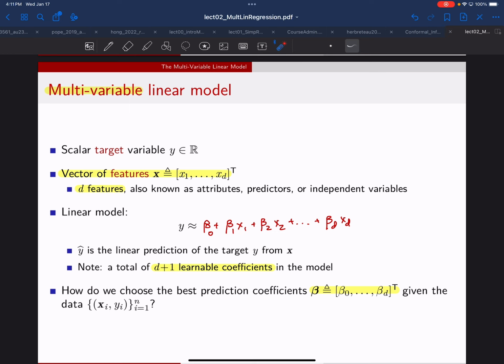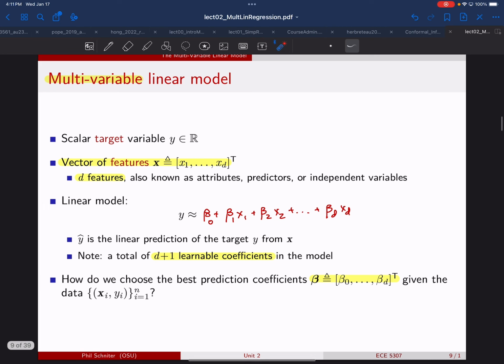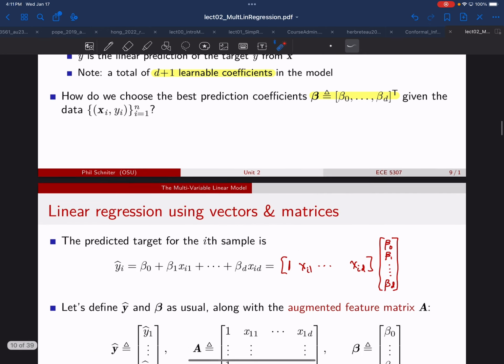So this is an extension of what we did in the previous unit where we had a single feature and intercept, and now we have multiple features and an intercept. Now when we do our design, we're trying to simultaneously design these D plus 1 coefficients in this vector beta. The other thing that's a little different is now we have a vector of features instead of the single one that we had in the last unit. So those are the differences.